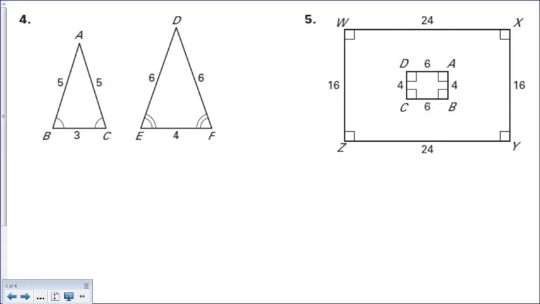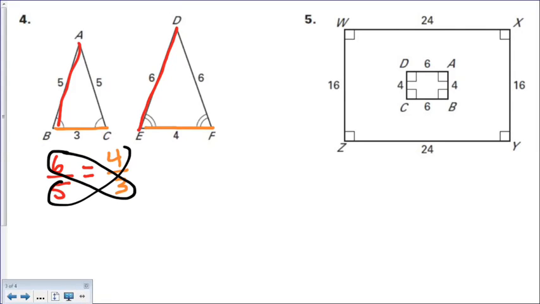This side DE matches this side AB, so I'm going to write 6 over 5. If it is similar, then this side here, BC, should match this side here, 3, 4. So 4 over 3.